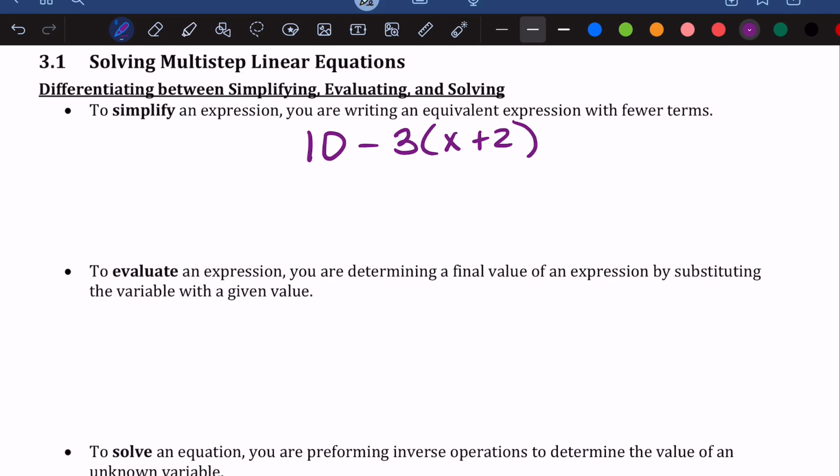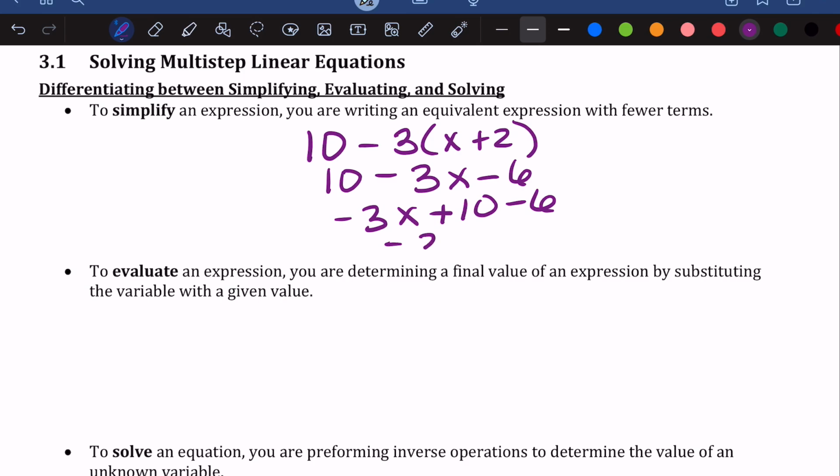With this particular expression, I'm going to start with the distributive property. And then once I've used the distributive property, I can rearrange the expression so that I can combine like terms and simplify. And now my expression is equivalent, but instead of having multiple terms, I only have two.